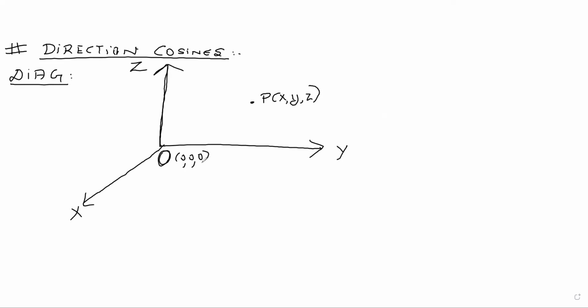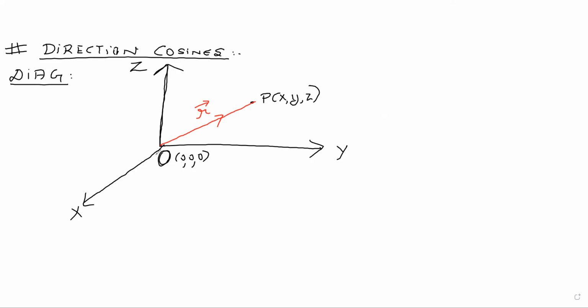Now you can see that I am drawing a vector R. If I join OP, then this is my vector R. Suppose this vector is making the angles alpha, beta, and gamma with all the axes respectively. What is the angle made by this vector with the x-axis?